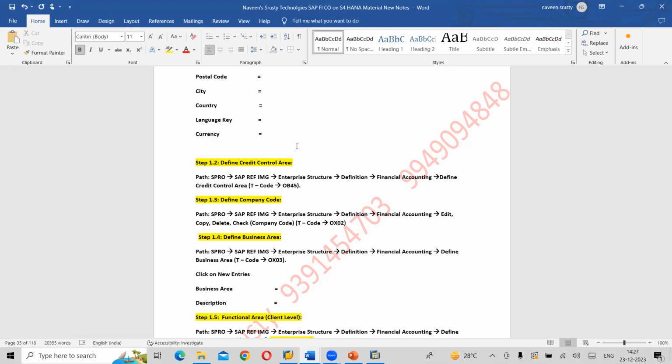Clear? Even I faced a lot of issues when I started my career as a consultant, because people directly start with the practical part: what do you mean by company, how to create a company code, and all those stuff. But what exactly is a company? What is a credit control area? What is a profit center?